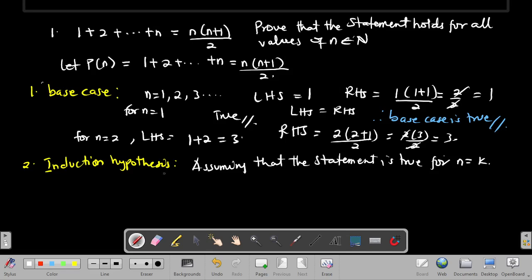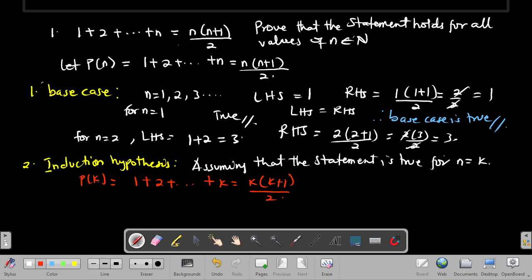So if you are saying that you want to prove that this statement is true for every natural number, then we can assume that the statement is true for a particular unknown, right? So this is what you are doing in this step. Therefore, our statement simply becomes P of k: 1 plus 2 plus 3 dots plus k is equal to k multiplying k plus 1 all over 2, right?